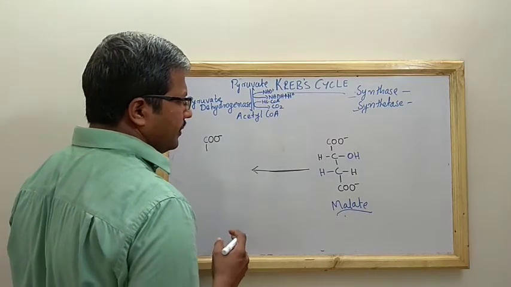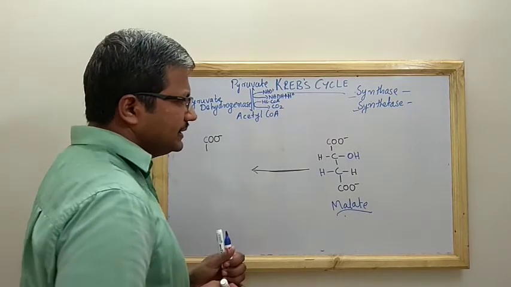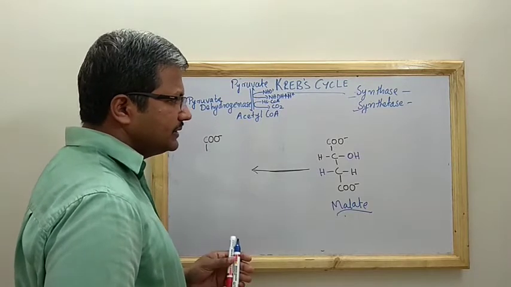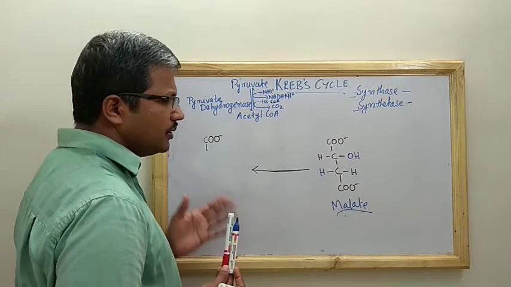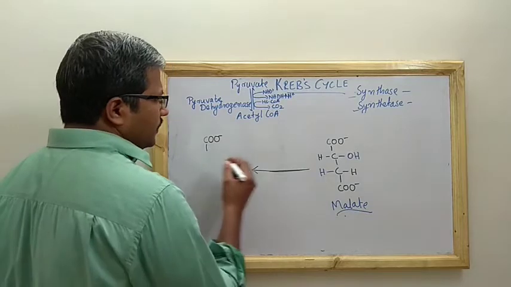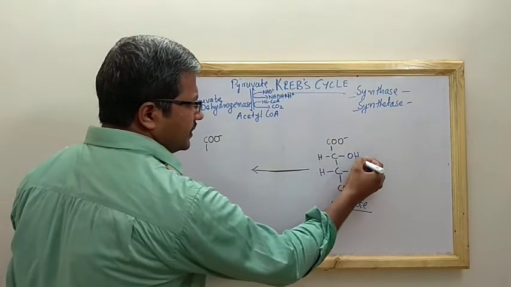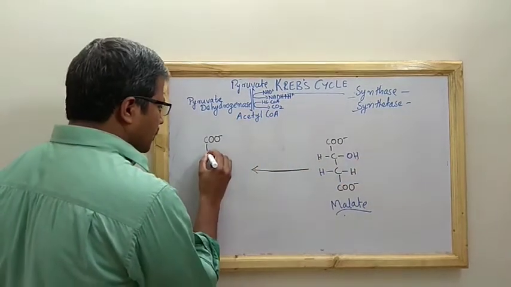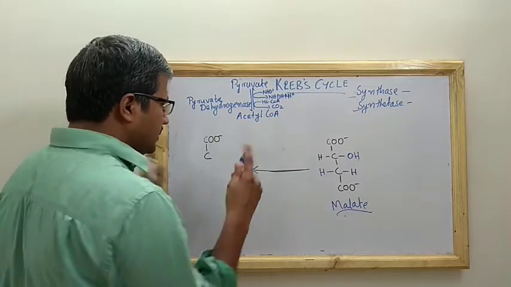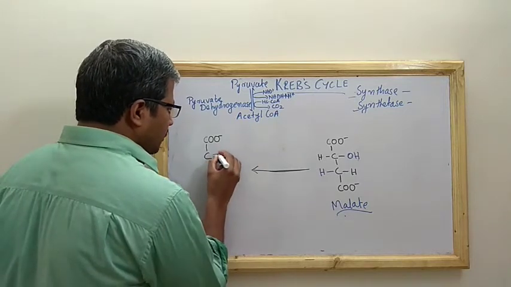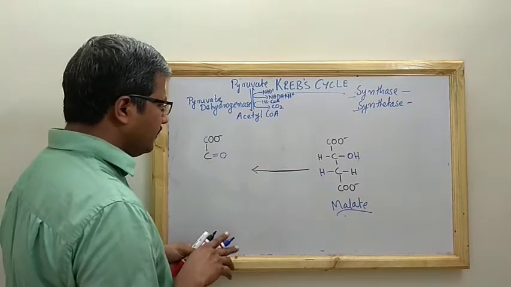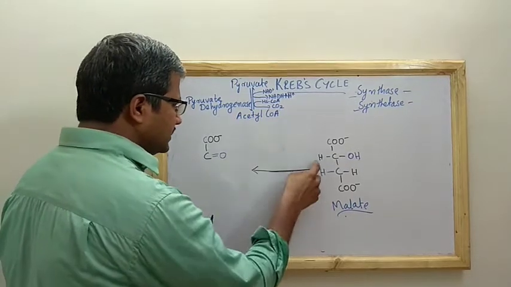So what will be happening? Oxaloacetate is a keto dicarboxylic acid. So this particular hydrogen and this particular hydrogen will be removed, and we can see that there will be a C double bond O.